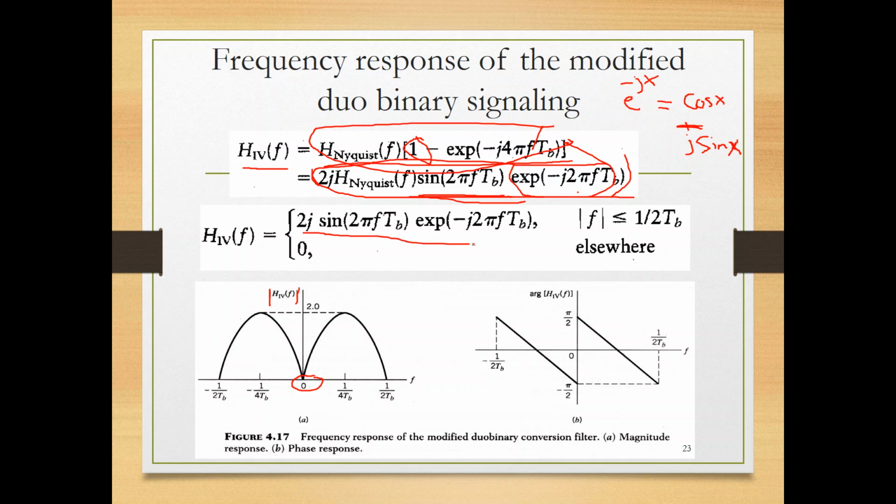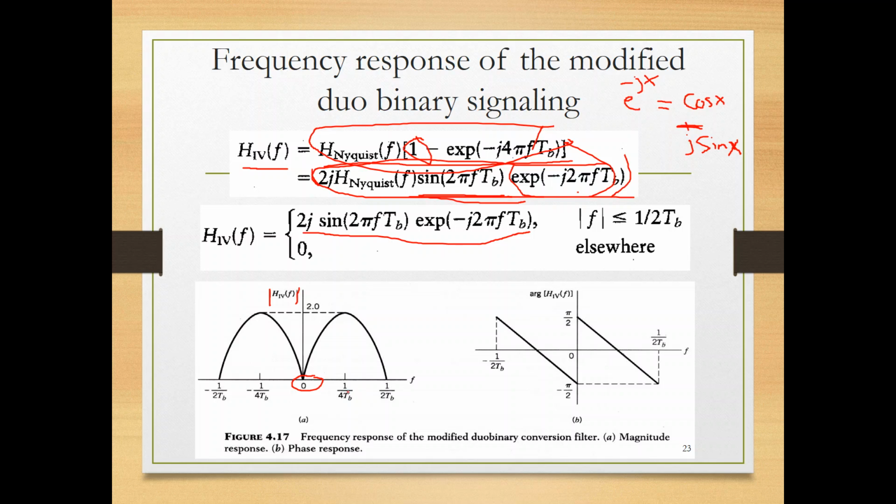And this is the function that I use to draw this. If you just use it, you will end up getting this response. Of course, I can ask you to find the response, and also prove that the response at frequency equal to 1 over 2 TB is equal to 0. You substitute here f equal to 1 over 2 TB, and you see that this again gives you 0.